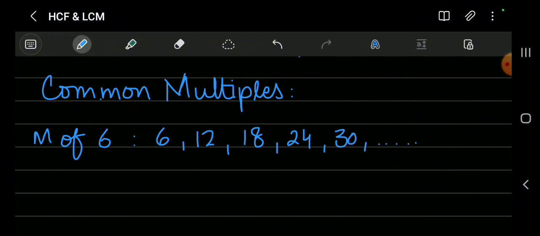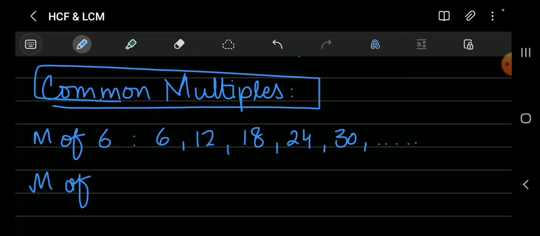So writing the multiples is easy. You just write the table of the number, or you just multiply it with 1, then 2, then 3, then 4, and you will get the multiples. Now I find the multiples of some other number, because the thing that we need to learn is common multiples.